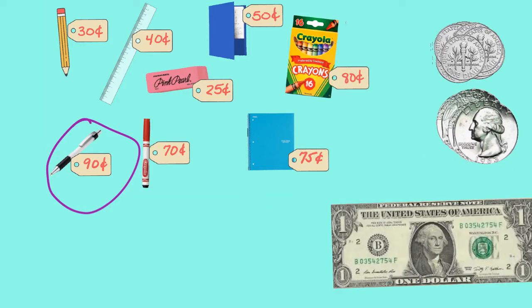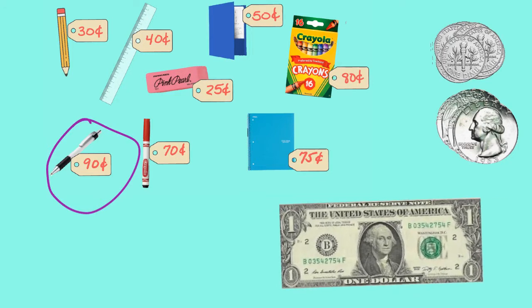So I have $1 to spend. Do I have enough money to buy this pen? If I give you more than 90 cents, you will need to give me back my extra money. This is called my change.